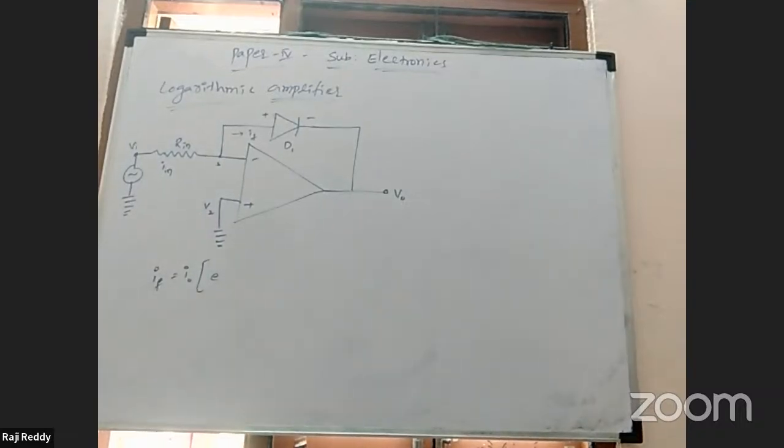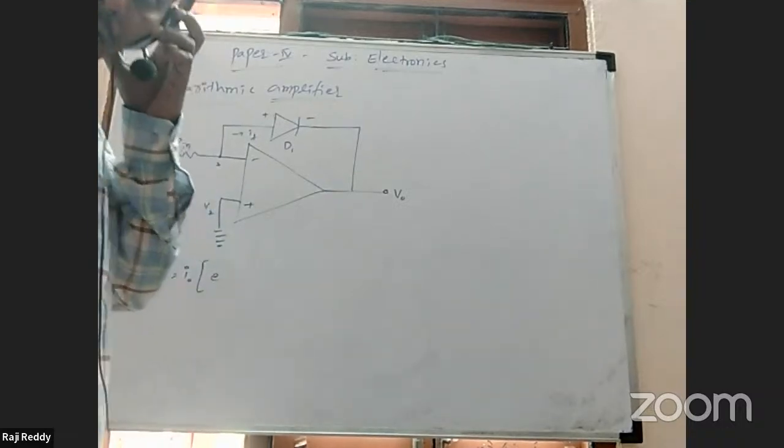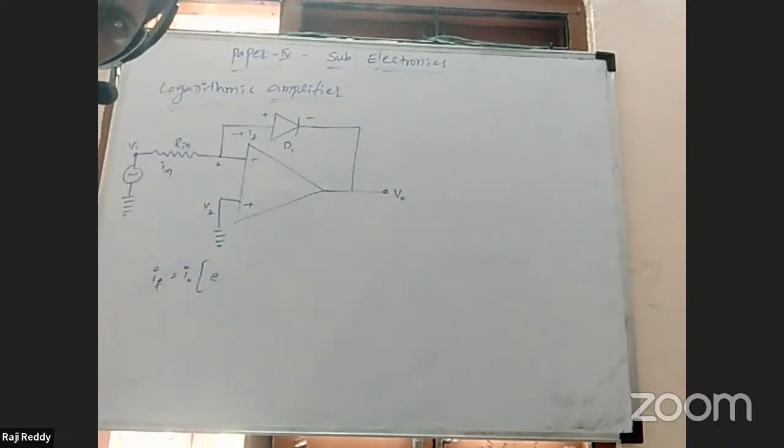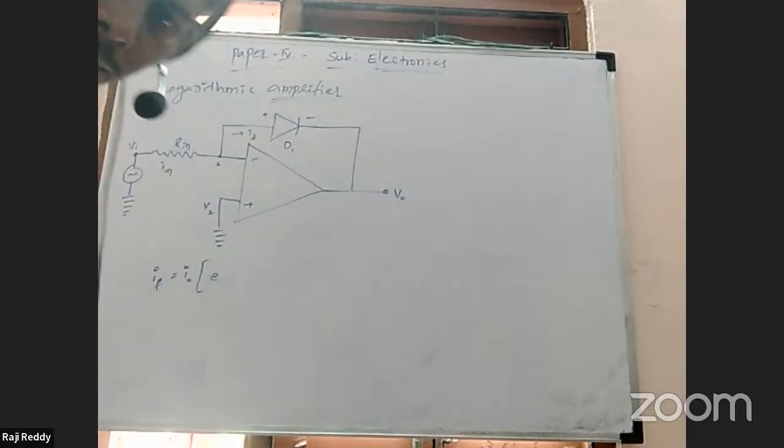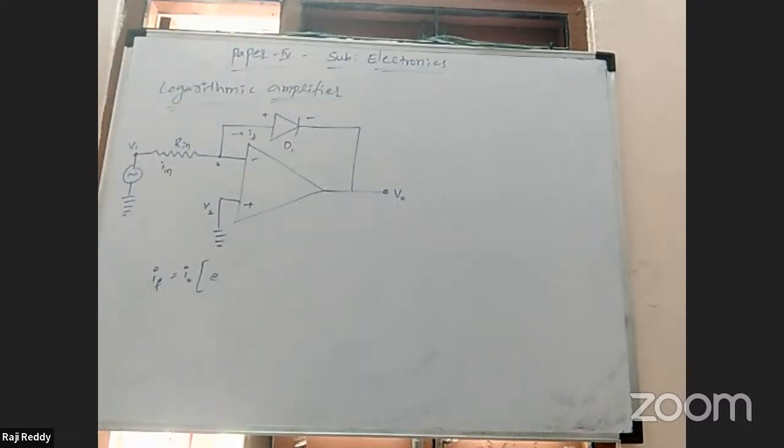Sorry for the delay. You can check it once, where we are right now: the logarithmic amplifier. In this one, a diode is connected.